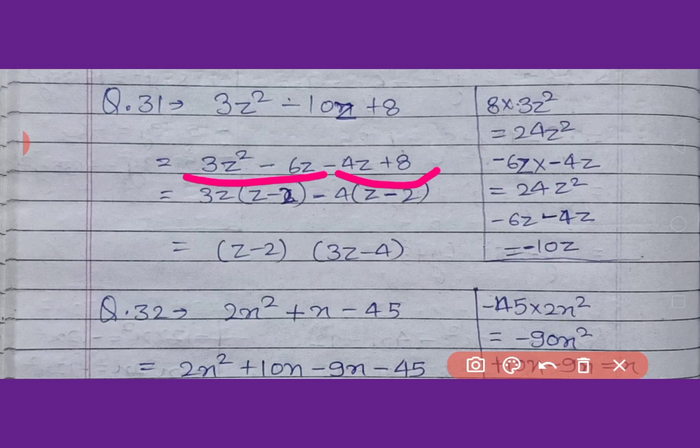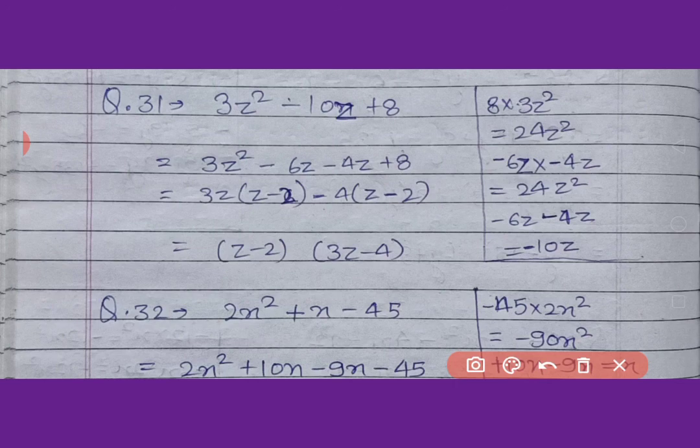Now we will take common from the first group. 3z is taken common, so it remained z minus 2, and from the second group it has taken minus 4, it remained z minus 2, and z minus 2 is common in both groups, so we will take it out. So remained here 3z minus 4. Now you have realized one thing: whenever the last term is plus and the middle term is minus, then both answers are coming minus.